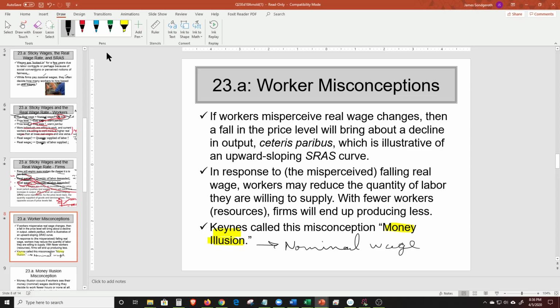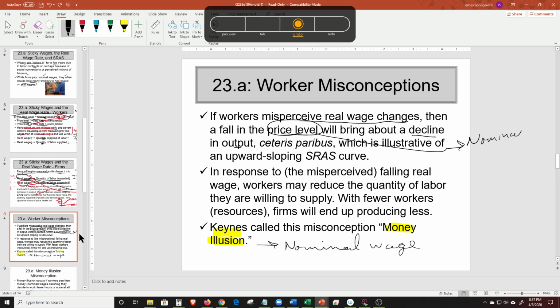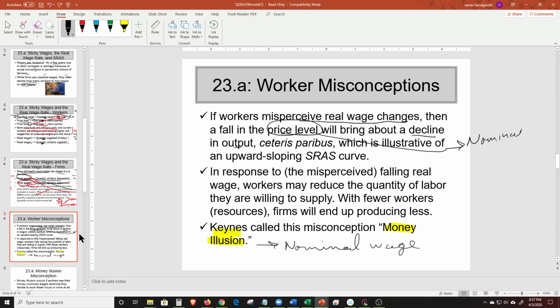And basically, if workers misperceive real wage changes, then a fall in the price level will bring about a decline in output, because a fall in the price level here is really hinting at the idea that nominal wages, see, these are falling, are part of the price level.